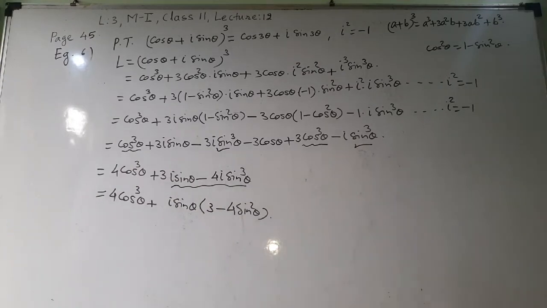Let me check whether there is any mistake done by us. Cos cube theta plus 3i sine theta minus 3i sine cube theta minus 3 cos theta plus 3 cos cube theta minus i sine cube theta. Yes, absolutely correct up to this, no doubt of it. One term is, I think, remaining.